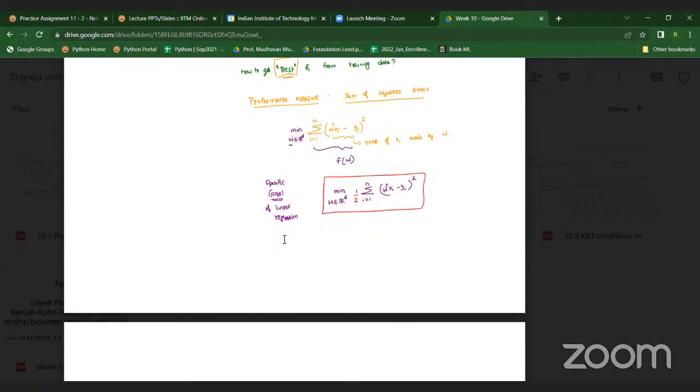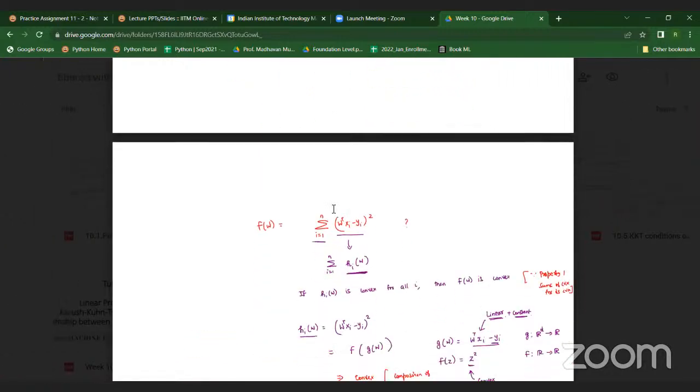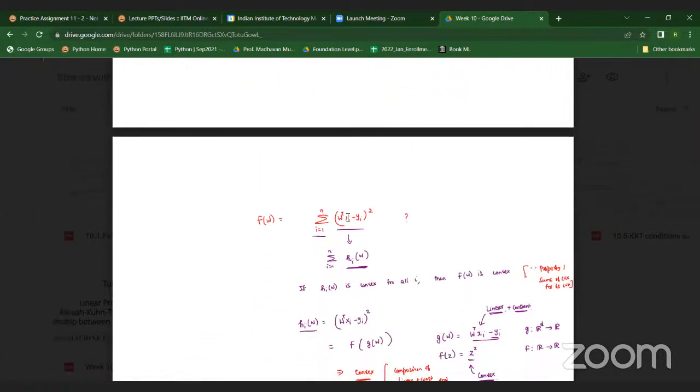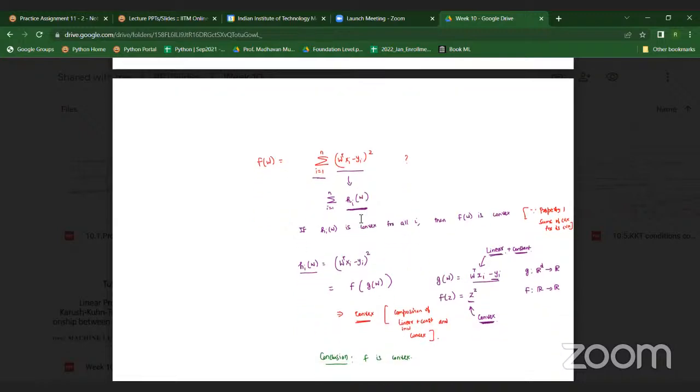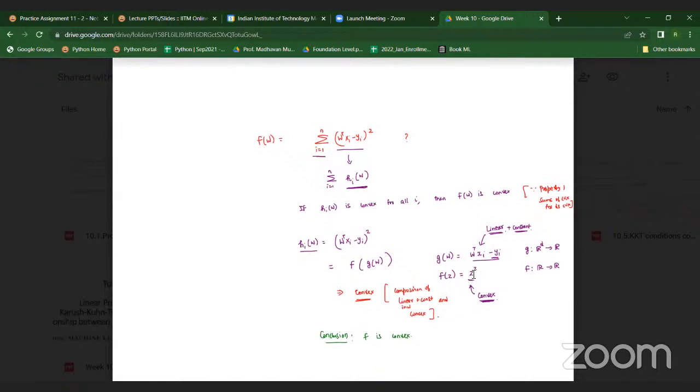Here you could see we have w transpose xi minus yi whole square, and basically we should be minimizing this. We know that w transpose xi minus yi is a linear function, and w transpose xi minus yi whole square is similar to f of x square.